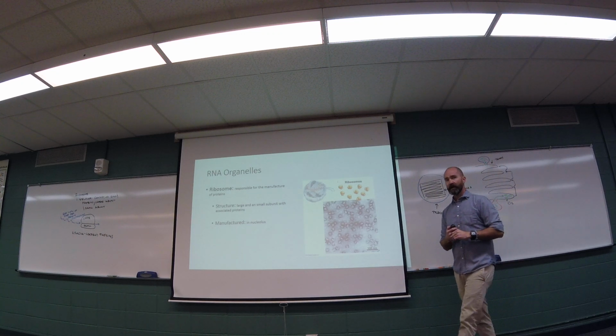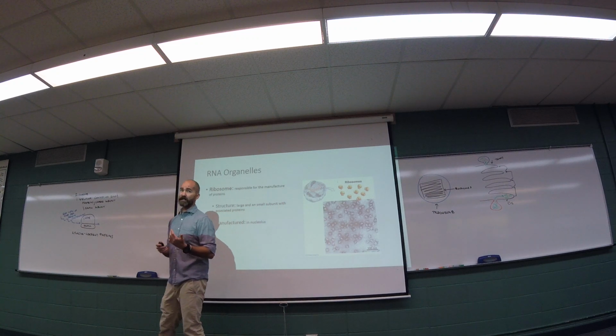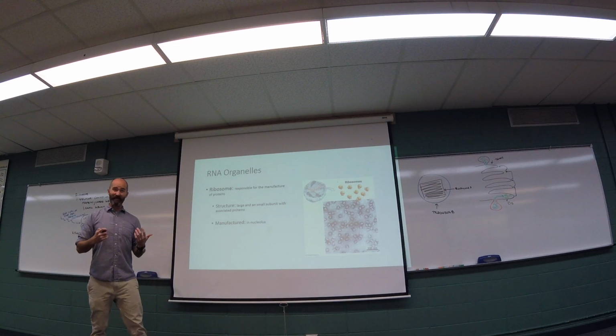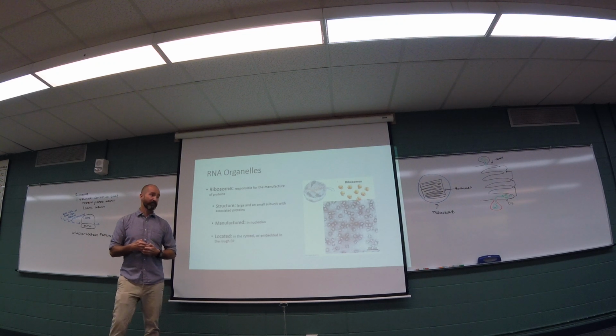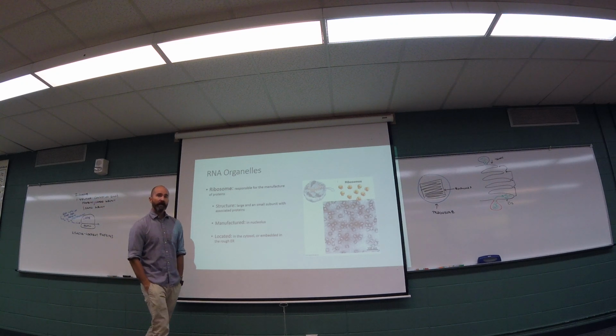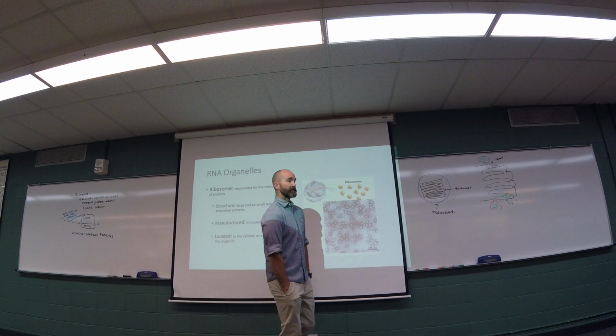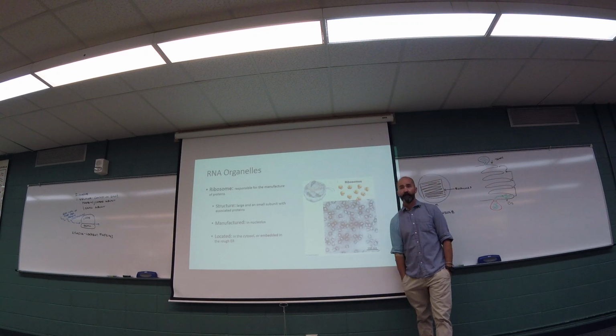Now, I mentioned last time that ribosomes can exist in two spots. They can exist either embedded in the endoplasmic reticulum, or they can exist floating free in the cytosol. The location of the ribosome determines the location of the protein that it's making.